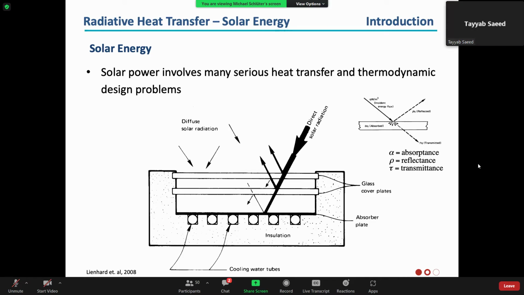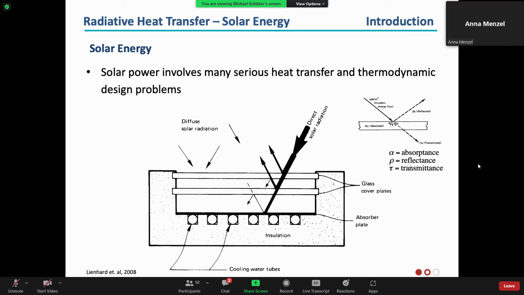So that we can cover the losses, yes. So that we can utilize the maximum. Yeah, but why do we use two plates? What is the advantage of two plates? Any idea?